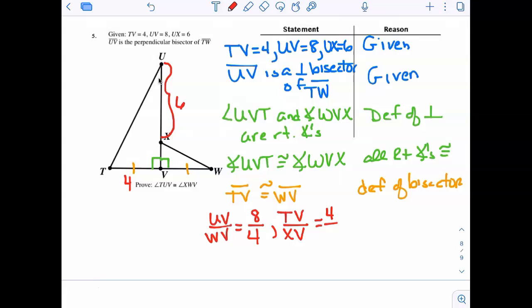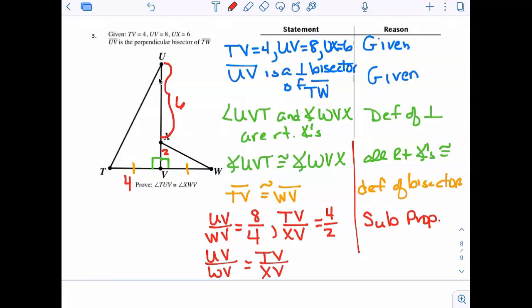So therefore, that means that XV would have to be 2. And all we're doing here is substitution. And then I can simplify that a little bit. So therefore, UV is to WV as TV is to XV, and all of that simplifies to be 2, which means they're proportional. So that's just the definition of proportions.